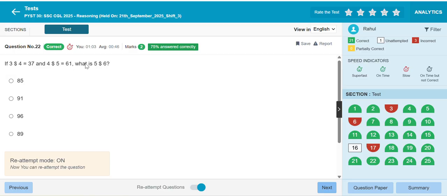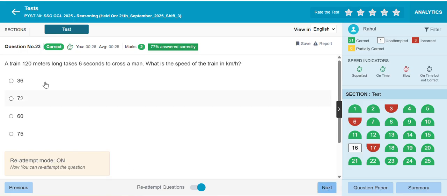I also checked it with this. 25 plus 16 is 41. 41 plus 20 is 61. Here, 5 into 5 is 25, 36. So 61 plus 30 is 91.